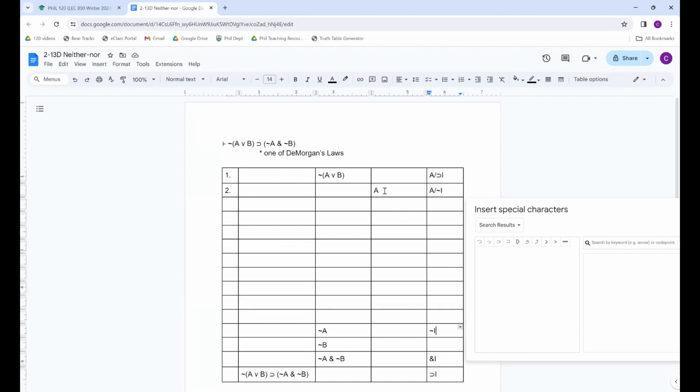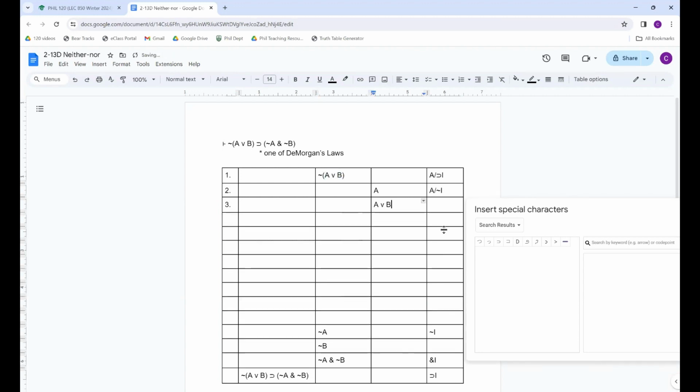We can get that from A by disjunction introduction. So we write A or B, from line 2, disjunction introduction. And then we just reiterate line 1, from 1R.